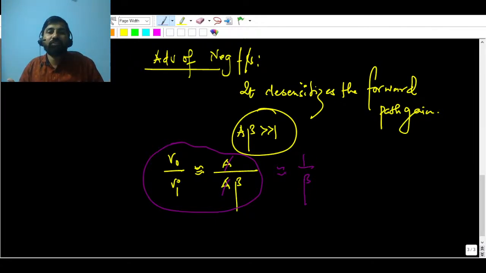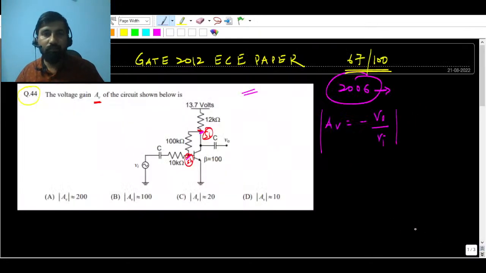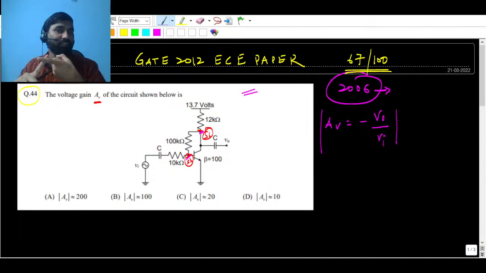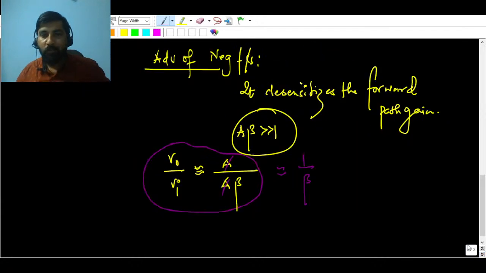So what is beta made up of? You know that beta is made up of only resistances around the transistor. You can see there are resistances connected around the transistor, so your overall gain now depends only on the resistances. As far as the op amp is concerned, you might have seen it.